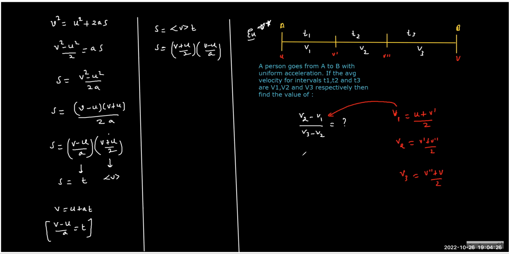If not, then I'll give you the second hint. So try from here. The first step is to substitute the value, and then think about what you can do using the kinematical equation, given that acceleration is constant. So if A is constant, we can do a lot of things. So please try this.